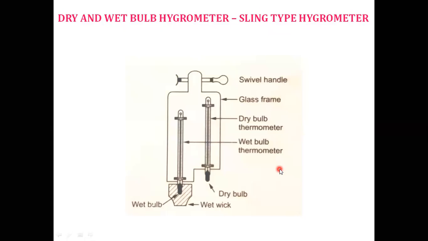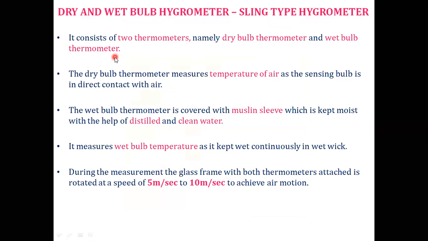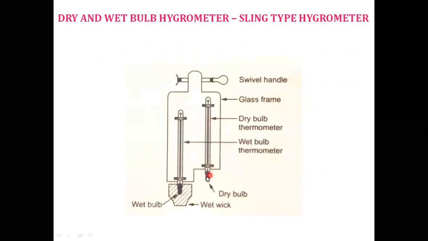Let's move on to the theoretical part. It consists of two thermometers, namely the dry bulb thermometer and the wet bulb thermometer. The dry bulb thermometer measures the temperature of air as the sensing bulb is in direct contact with air.